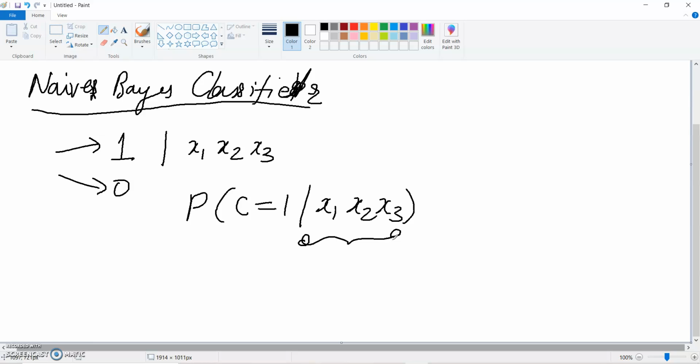Or if x1, x2, x3 are your customer details, how many times in the past has the customer bought. So this is a useful way of predicting if the new customer or the new patient has cancer or not, or if the new customer buys or not, right? So you can write this using Bayes rule in the following manner.